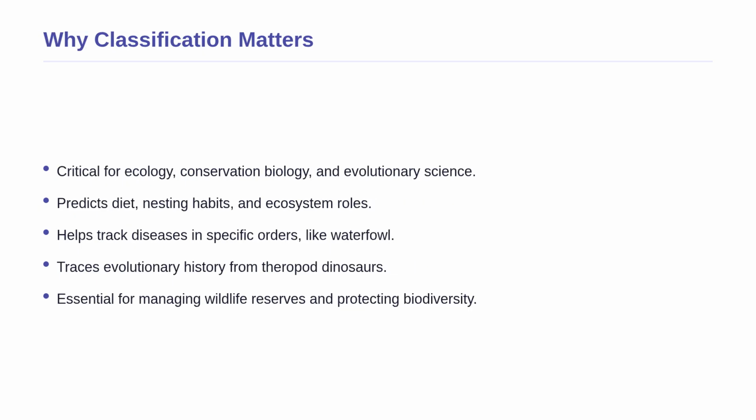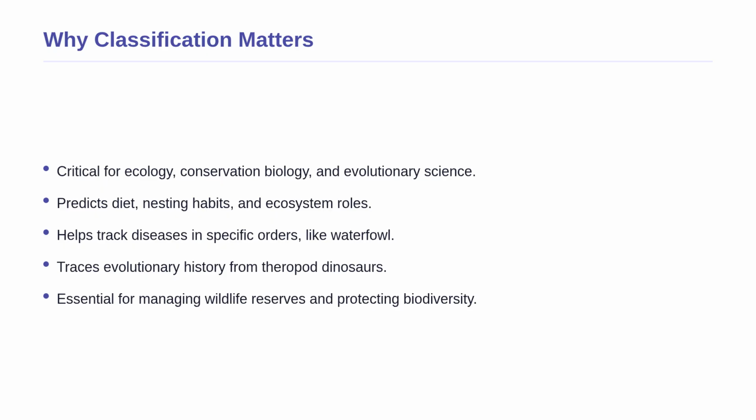You might be wondering, why do we need such a complex system? Understanding the classification of birds is absolutely critical for fields like ecology, conservation biology, and evolutionary science. When we know exactly which order or family a bird belongs to, we can instantly predict its diet, its nesting habits, and its role in the ecosystem.